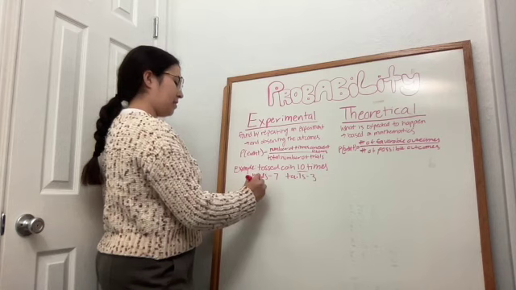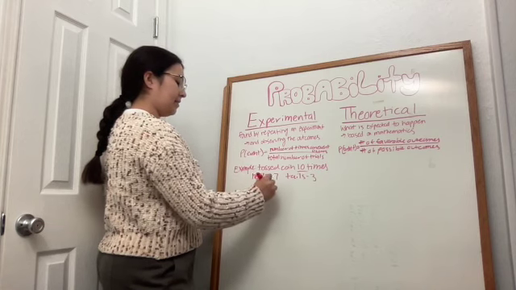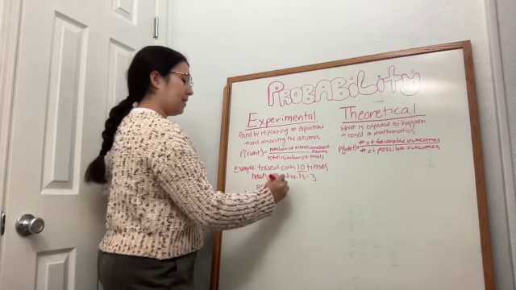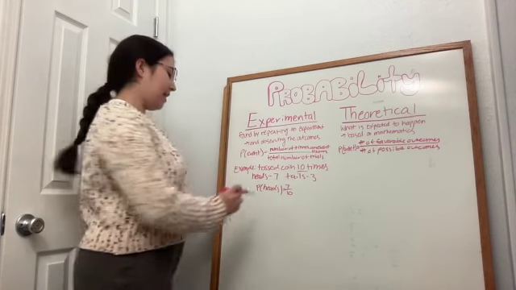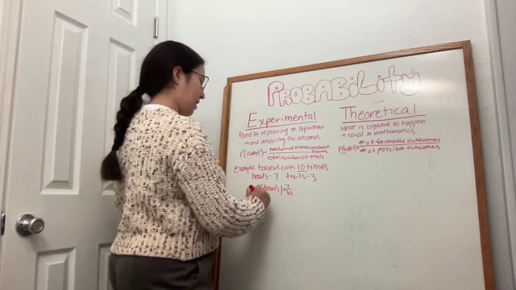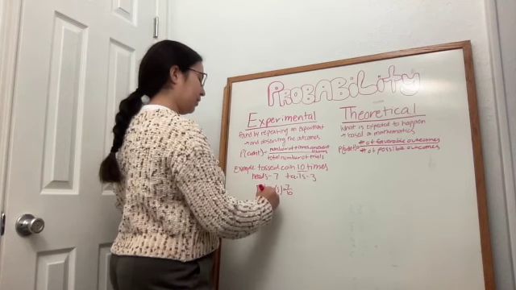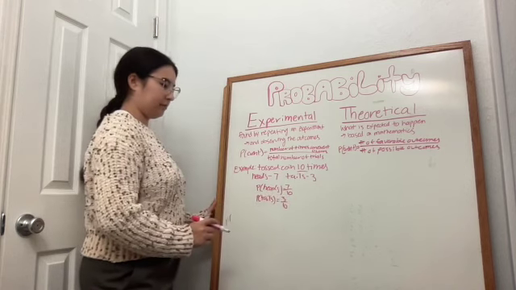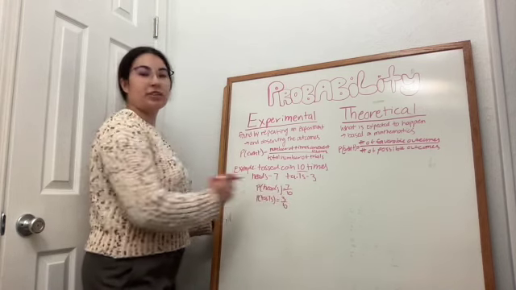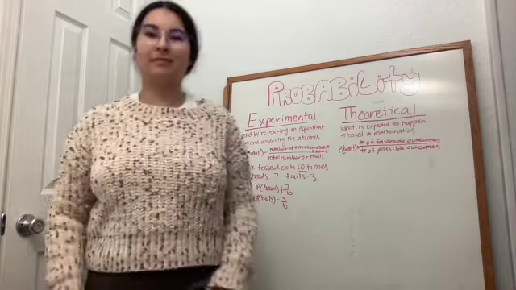So P of heads is going to be 7 over 10. And the probability of tails, we will write 3 over 10. And both of these fractions are already simplified.